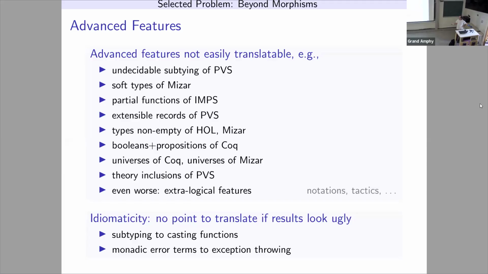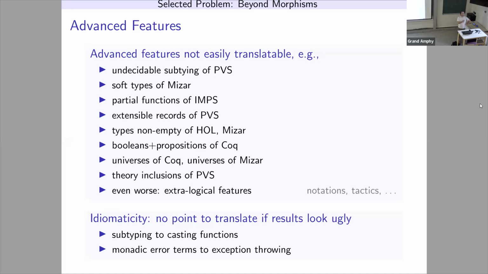That's another thing. In practical translations, you want to produce not just some translation, but an idiomatic translation. So all these casting functions that you need to eliminate subtyping typically gets you translations that really look ugly.